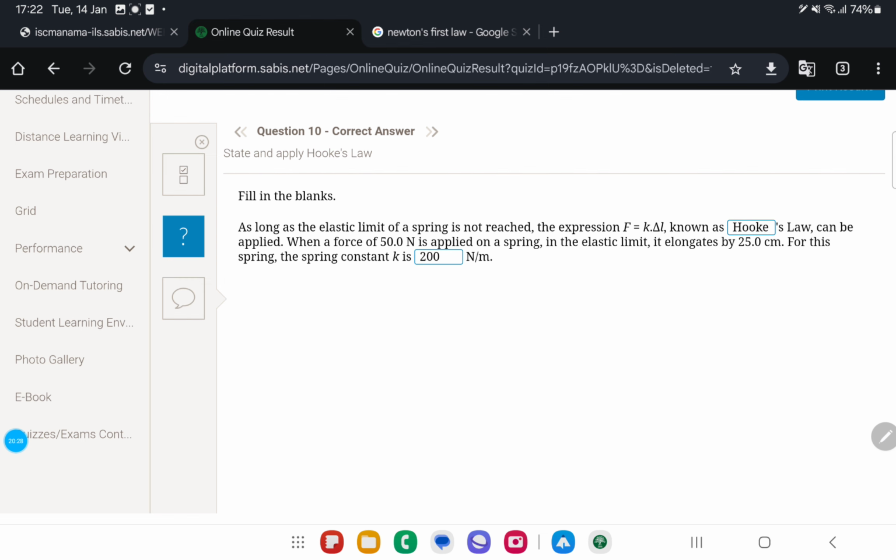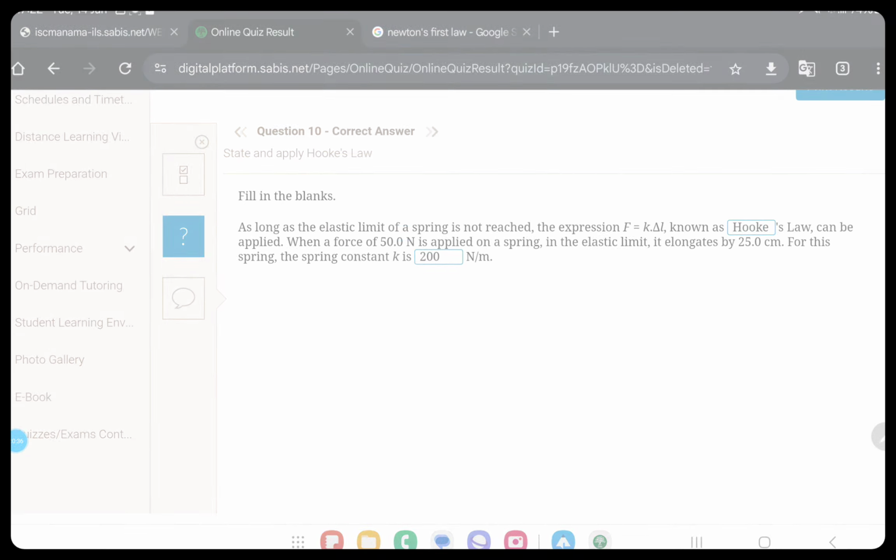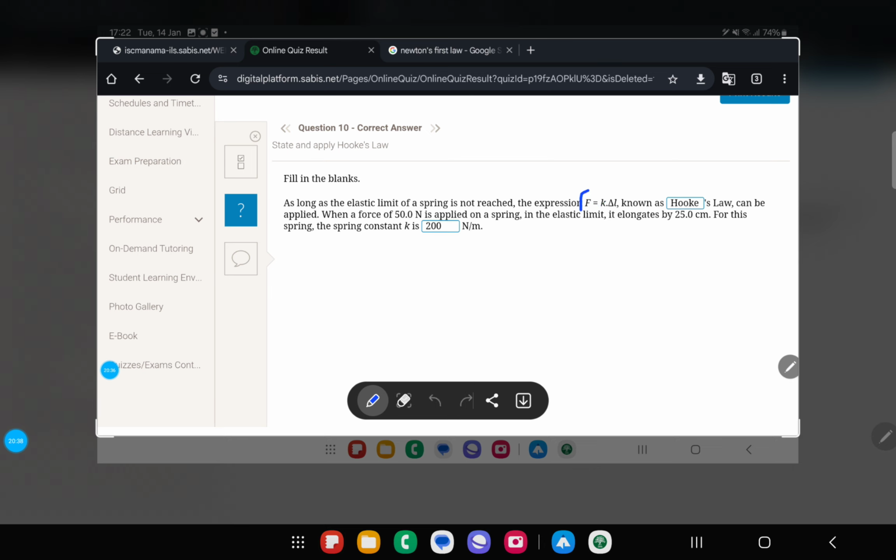Okay, for question 10, as long as the elastic limit of a spring is not reached, the expression F equals K delta L, known as Hooke's law, can be applied. Before I do anything, as long as the elastic limit of a spring is not reached, this applies before the elastic limit, right?